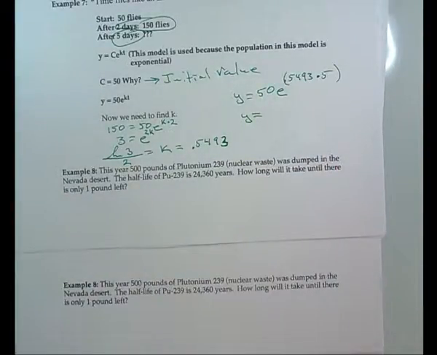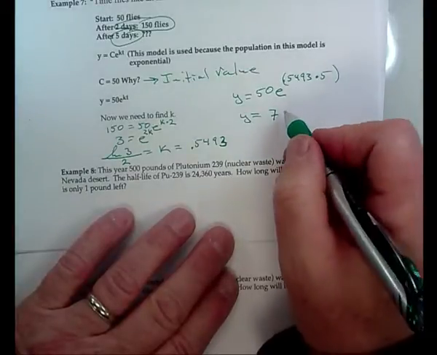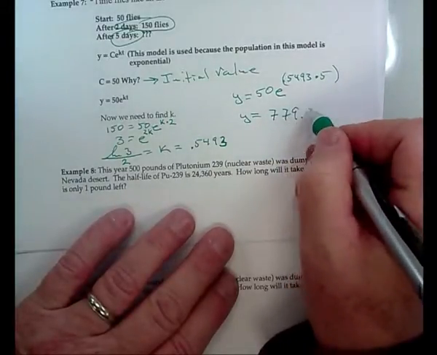It's a big mistake that people make. Jeremiah, did you get an answer? Yeah, 779.3989.